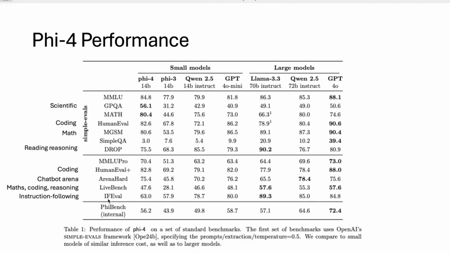For example, on a very difficult benchmark like IFEval, an instruction-following benchmark, you see there's still a big gap between the Phi-4 model and GPT-4o. So I would say there will be some domains where small models are sufficient, while in other domains LLMs will still have an advantage. But what if we just need small models for scientific Q&A? Then we can just use a small model. We don't need to run the big model just for that specific list of tasks.